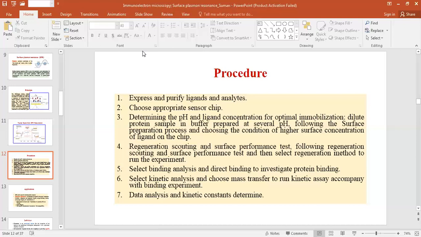Kinetic analysis and mass transfer should be assessed to run the kinetic assay accompanied by the binding experiment. All of these data should be analyzed and the kinetic constants should be determined. So this is all about surface plasmon resonance.